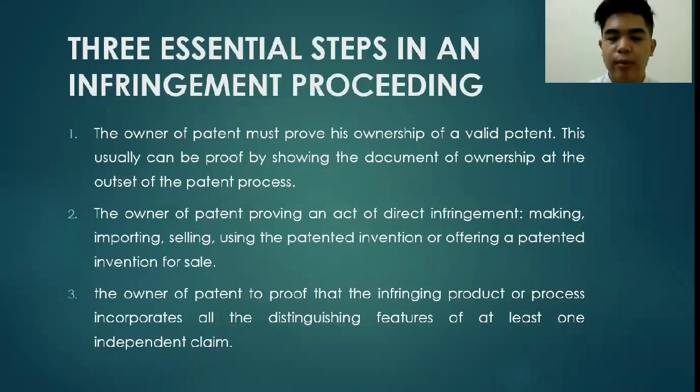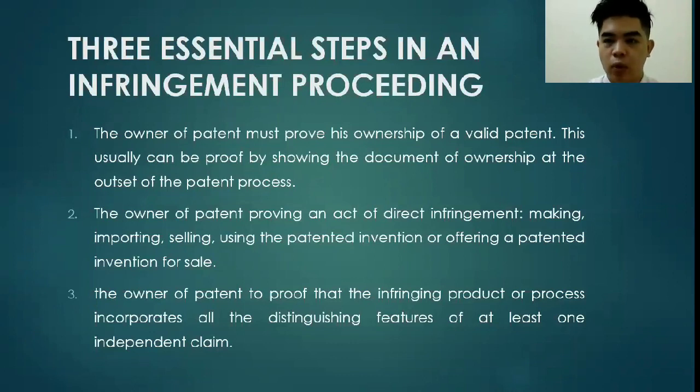Lastly, the final step of an infringement proceeding is that the owner of the patent needs to prove that the infringing product or process incorporates all the distinguishing features of at least one independent claim. It is not enough for the patent owner to broadly state that his patent had been infringed, but the patent owner has to be more specific when instituting the infringement proceeding in the courts.